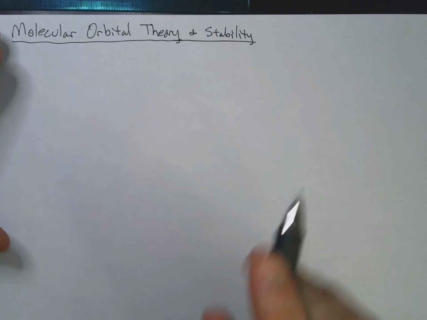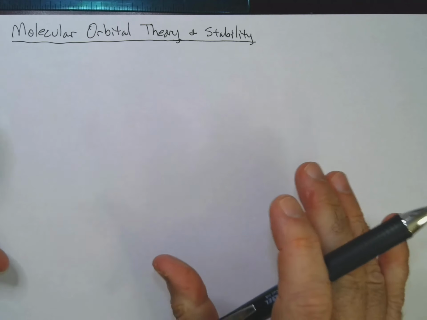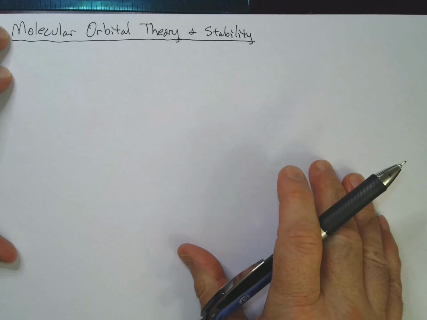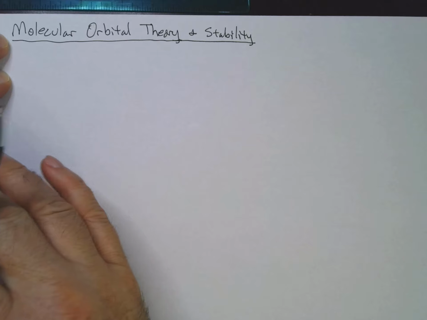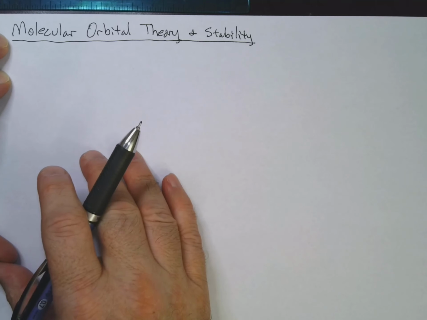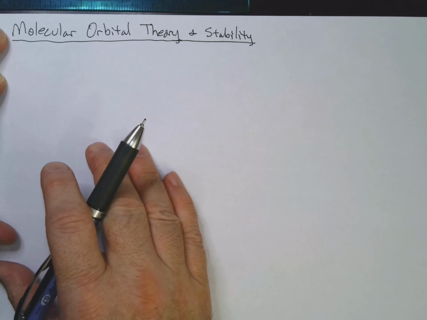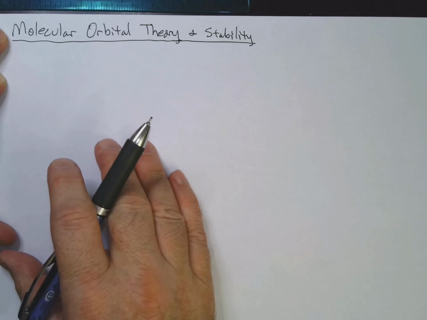Okay. So what are molecular orbitals? Well, molecular orbitals are wave functions describing where the electrons are over a whole molecule. So as opposed to atomic orbitals, where we're looking at one atom and where its electrons are, we're looking at electrons delocalized over a whole molecule.